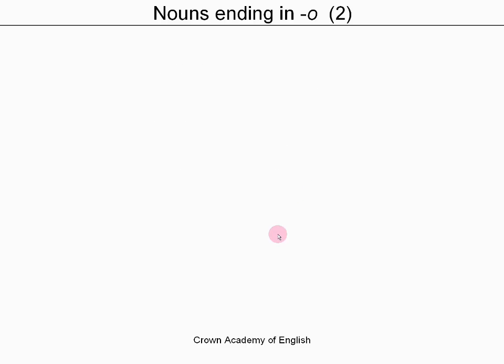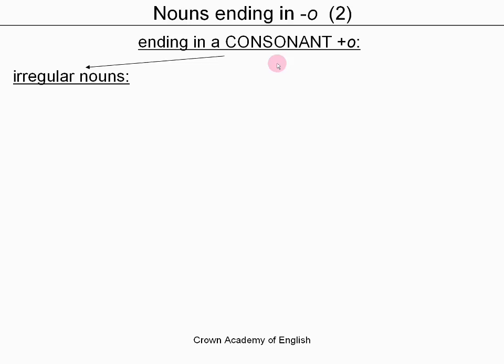The important one is nouns ending in the letter O with a consonant. So a consonant plus the letter O. We have, first of all, some irregular nouns. And for the list that you are going to see, we add ES to the end.